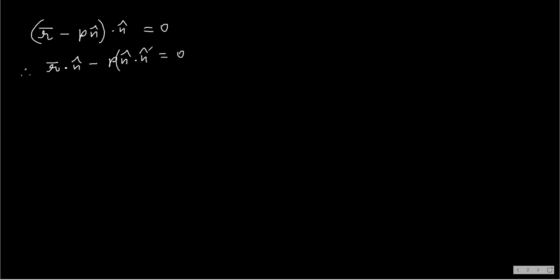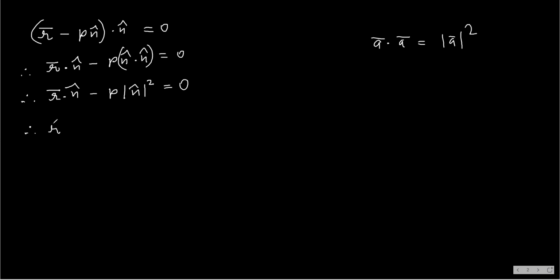Now you know, if you have a bar dot a bar, you write it as mod a bar square. Got that? So here you have n cap dot n cap. So this will become r bar dot n cap minus p into mod n cap square equals 0. Here p is a number, not p bar.